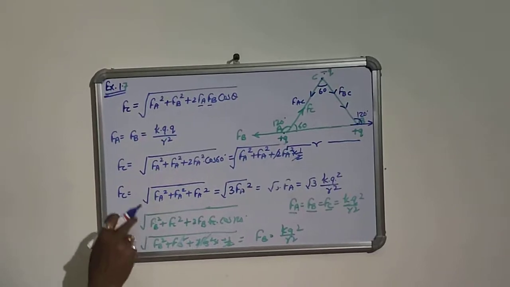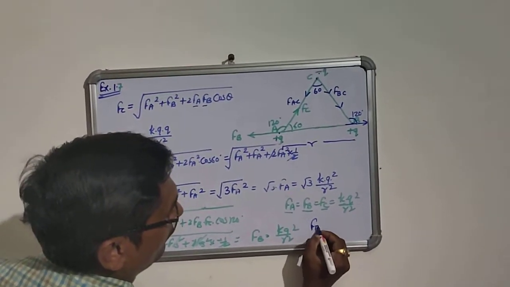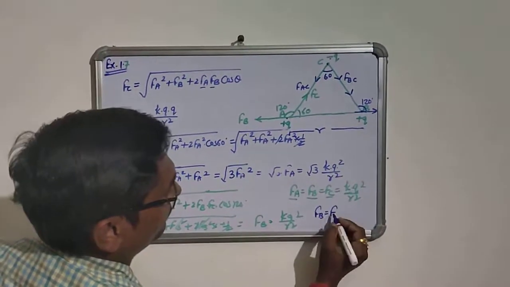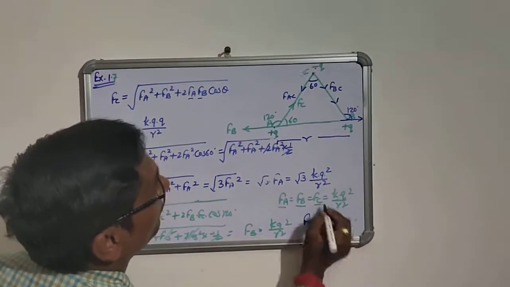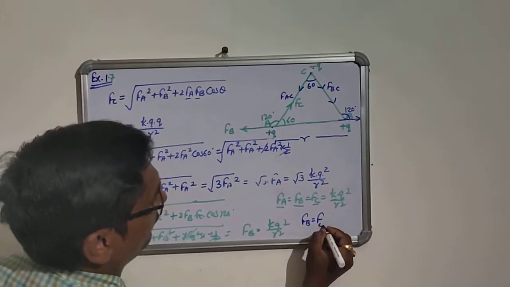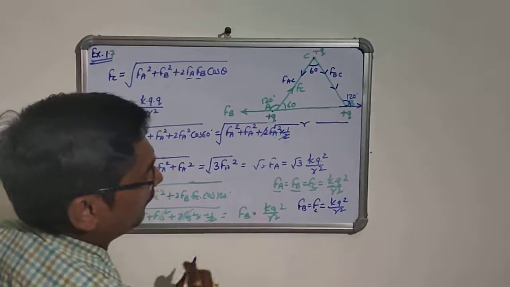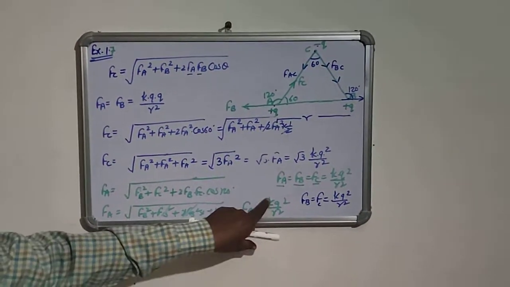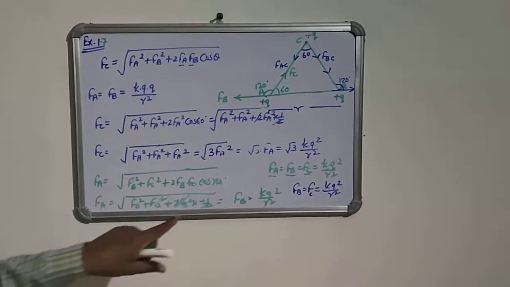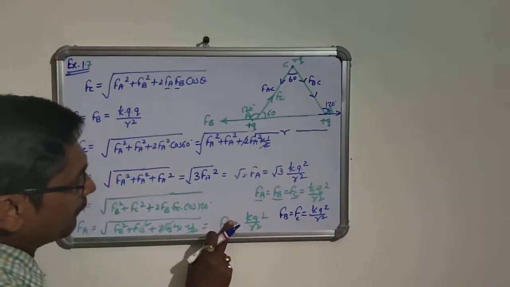So by this same method, the resultant force on B is equal to F_C, and F_C equals kQ square by R square. This is the force applied on B.